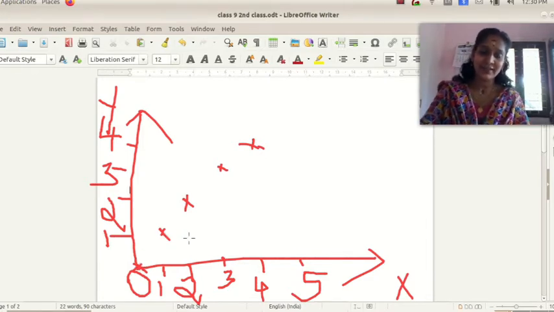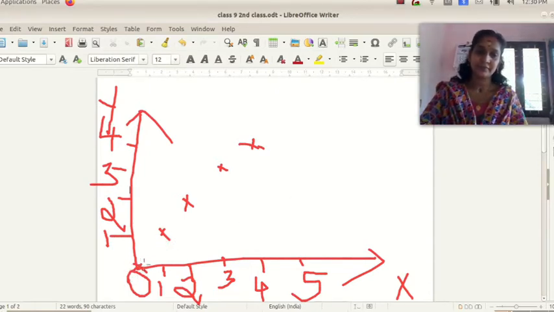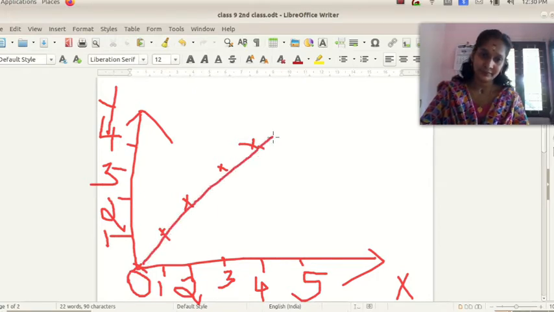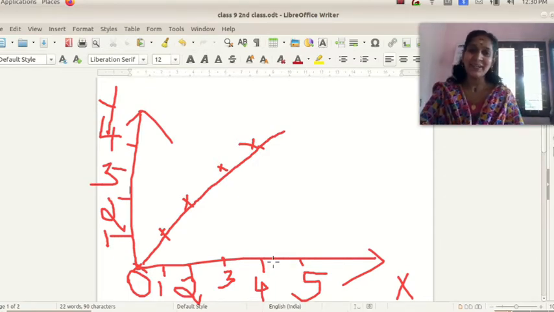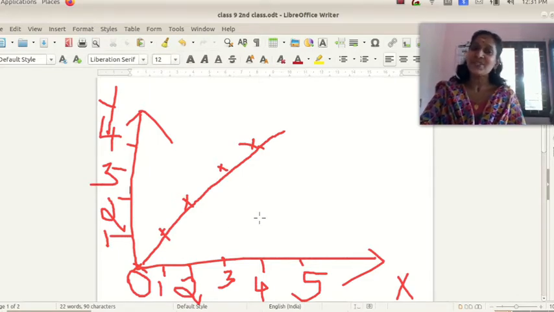Sorry. Yes, it is a straight line, not exactly, because of a problem with my pen. So we get position time graph as a straight line.